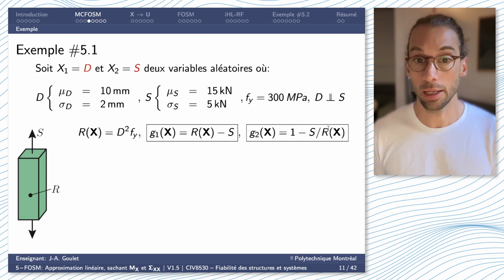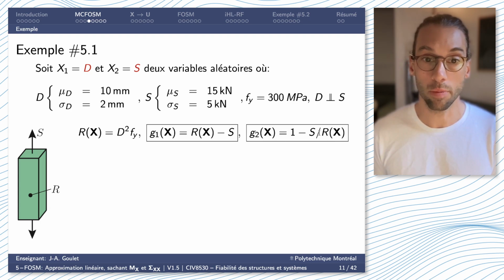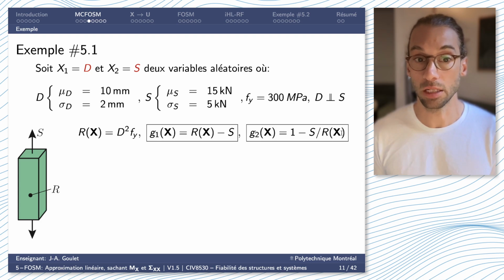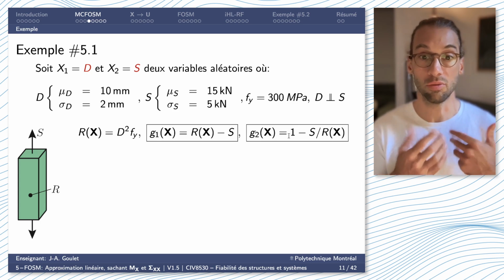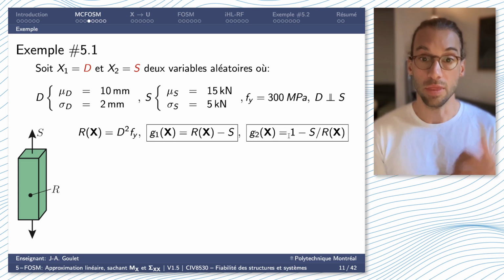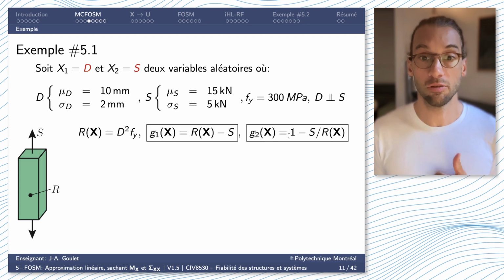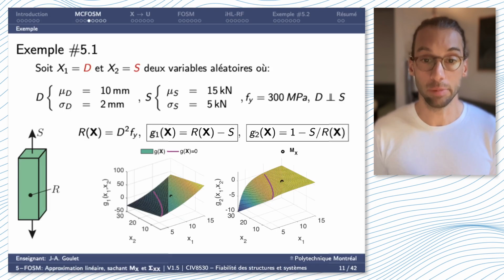If R is greater than S, it gives something smaller than 1, and 1 minus smaller than 1 is positive. So both satisfy the criteria of being continuous, differentiable, negative in the failure domain and positive in the survival domain. Both are admissible limit state functions.